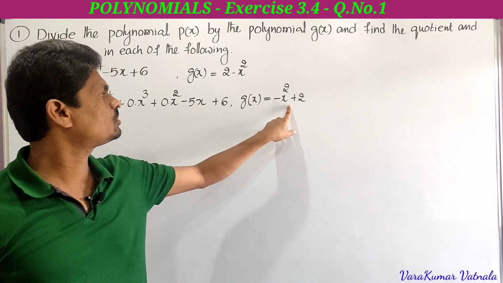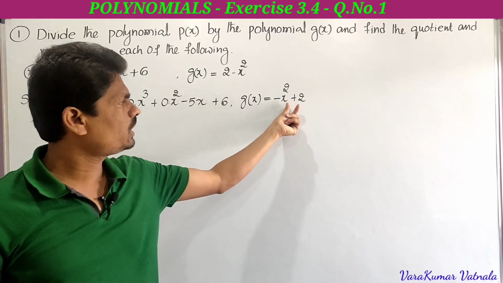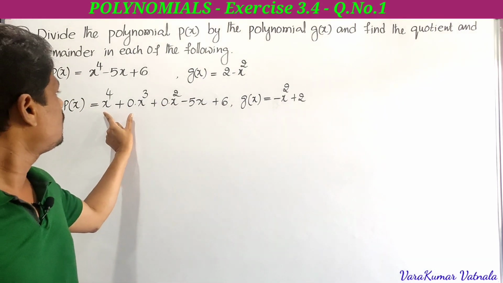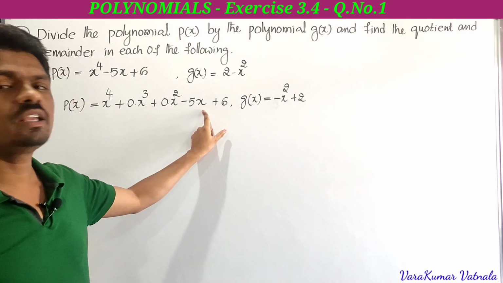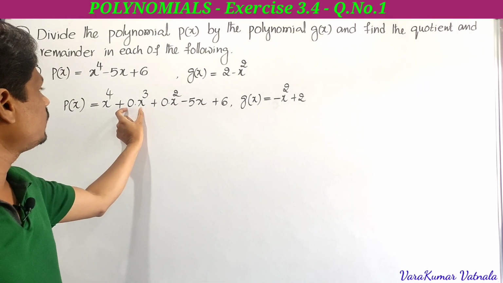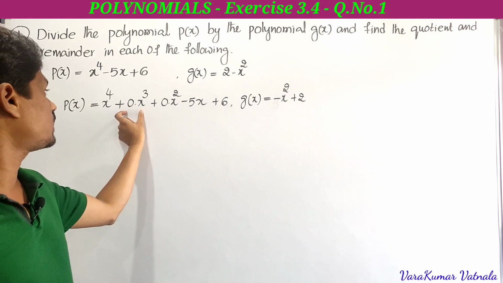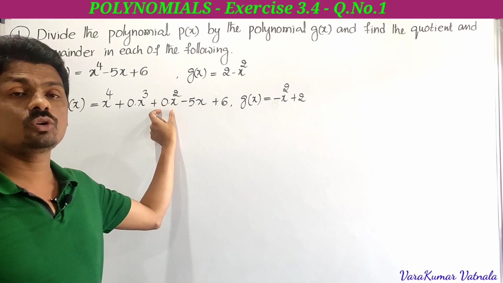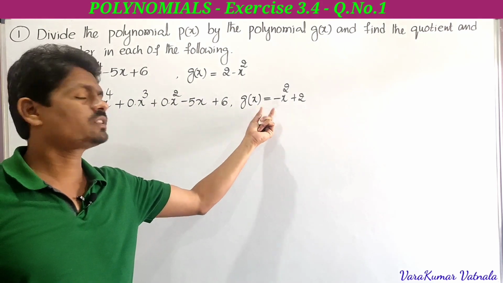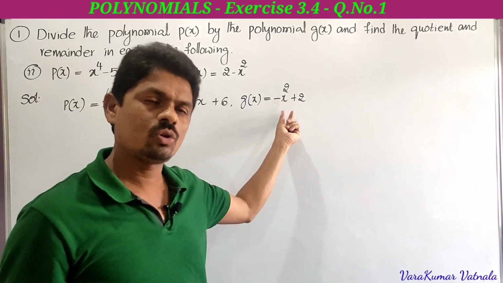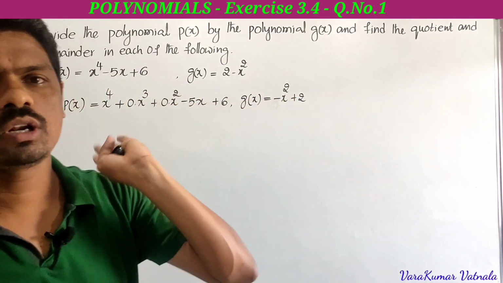In g of x also there is no x term, but we need not write 0 into x here. But in the p of x we must write, if any term is missed, we must write 0 into it. Suppose the x cube term is not there, we have to write 0 into x cube. Here also 0 into x square. But in g of x we simply write the terms in standard form, and we need not write 0 into x here. That you have to remember.